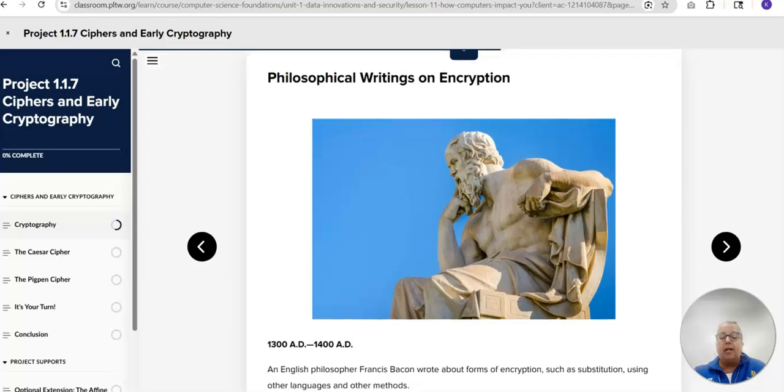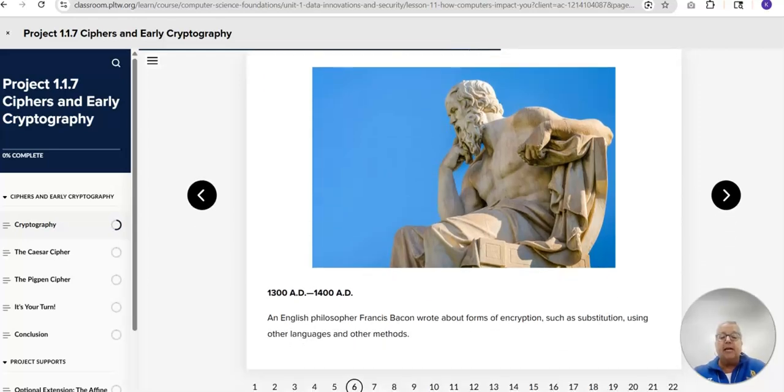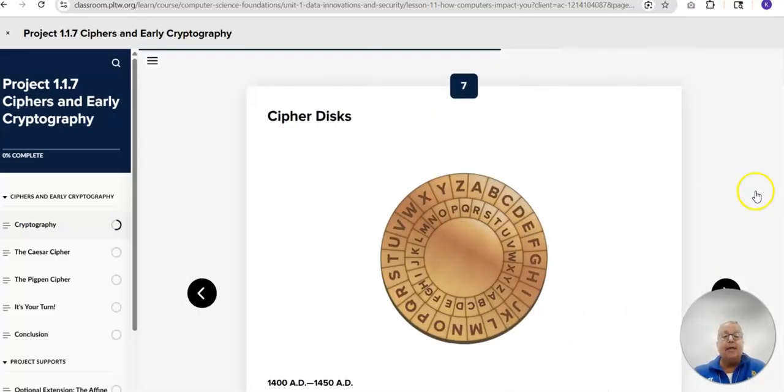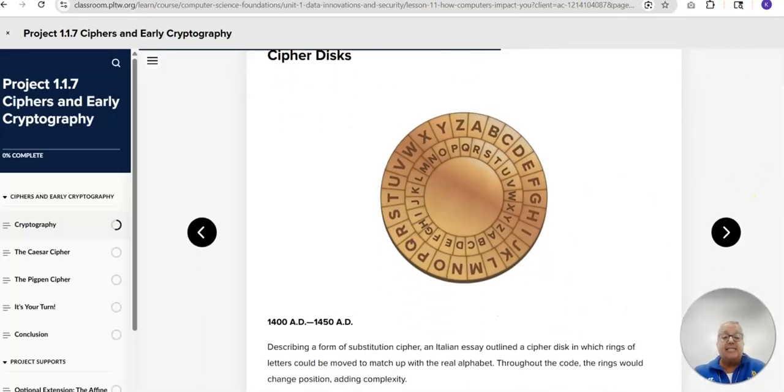Philosophical writings on encryption. So from 1300 to 1400 AD, an English philosopher named Francis Bacon wrote about forms of encryption such as substitution using other languages and other methods. He was philosophizing about it. This is a cipher disk.